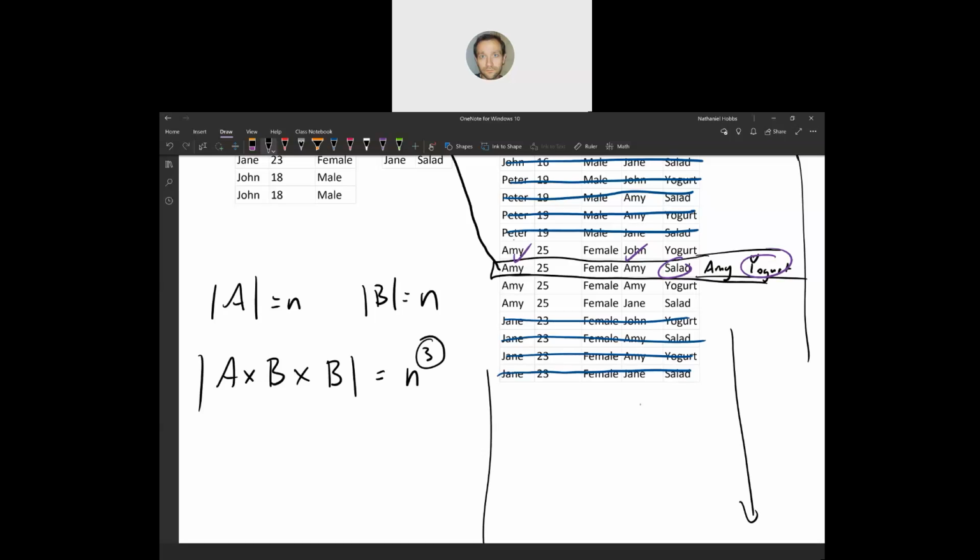Imagine if these are length 10. Well, then multiplying 2 tables, that's length 100. Multiplying 3, that's 1,000. 4, I mean, you see how quickly it grows. For every cross multiplication you add another 0 to how long it would take.